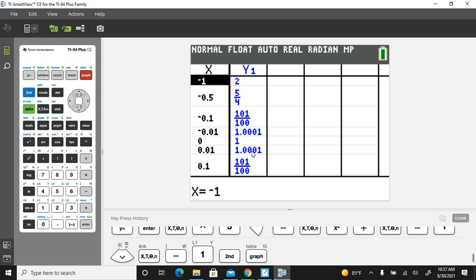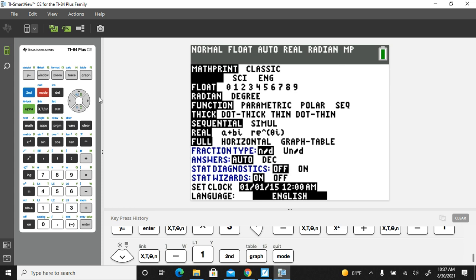Typically, when you're doing limits, decimals are more useful because it's easier to see the number that it's approaching. A way that you can force that is if you go to mode, and then down where it says answers, if you go over to DEC, that'll force all answers to be decimal.